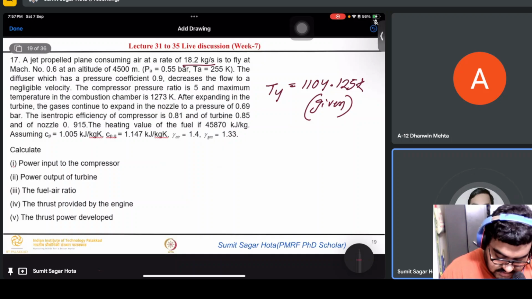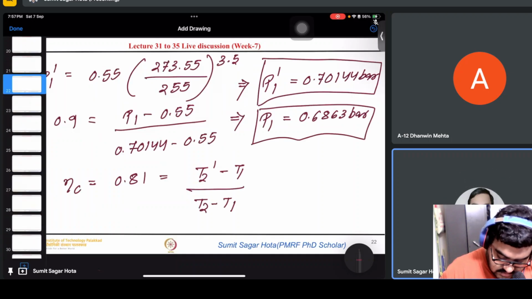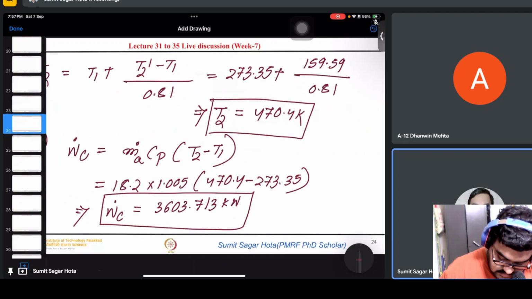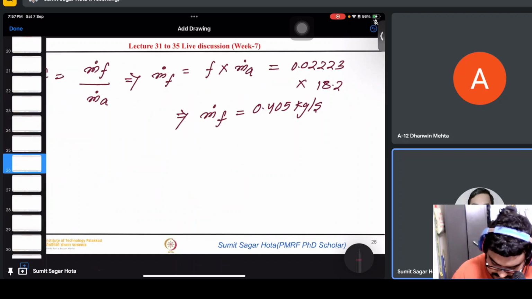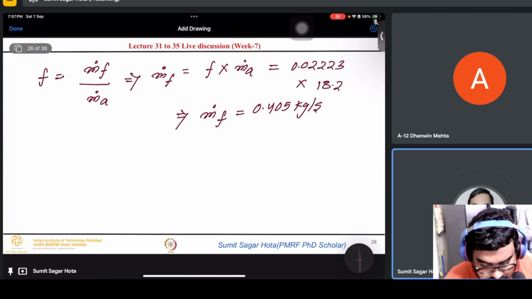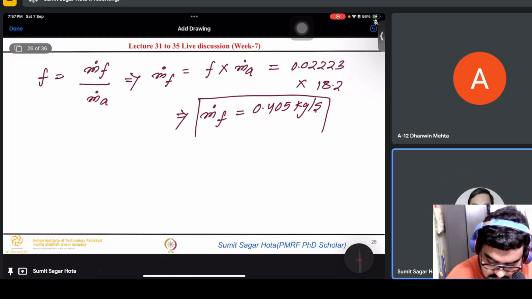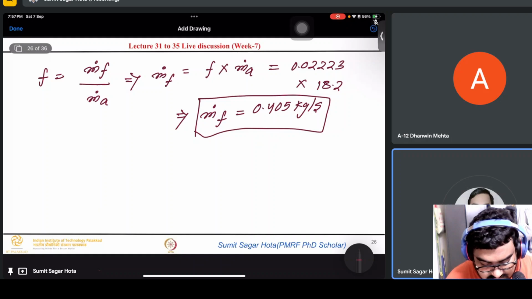What is the air flow rate? So exactly, this is your m dot f.